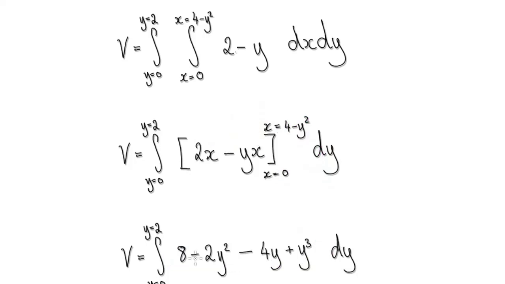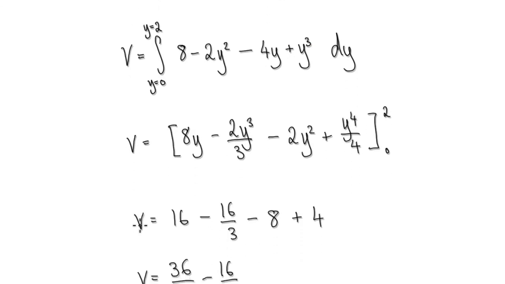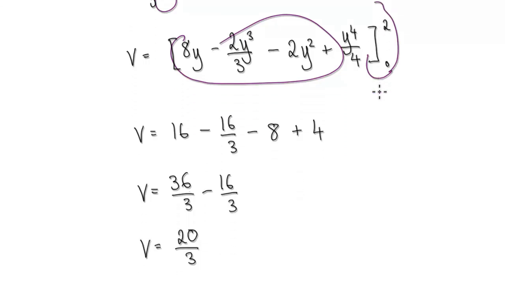So that will then take us to here, and now integrate each individual term with respect to y. So that will then give you this from 0 to 2. So the volume is given by this, and this is your final answer. Okay.